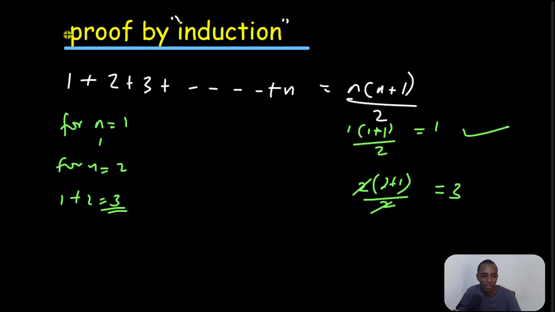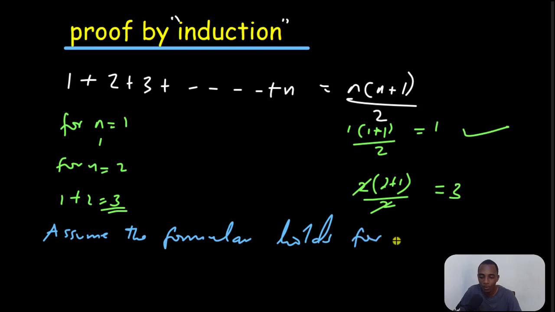So we've just seen that the formula holds for n equals 1, n equals 2, probably n equals 3, and so on. So I'm going to assume that this formula holds for some arbitrary value of n. Let me call that value k.